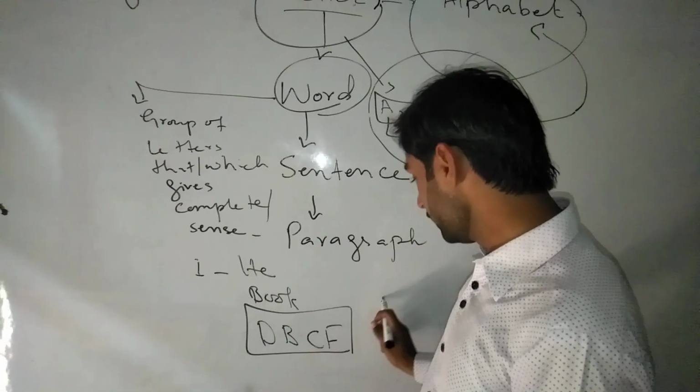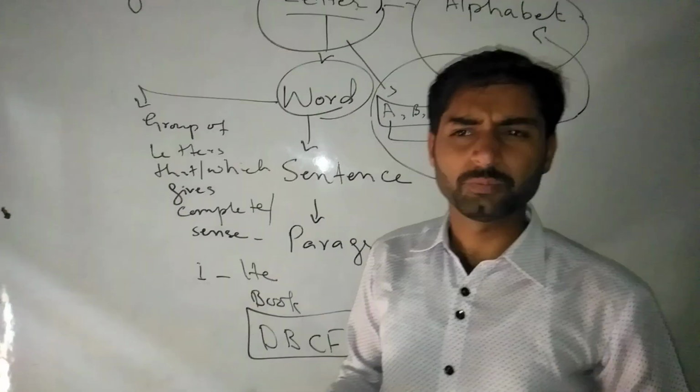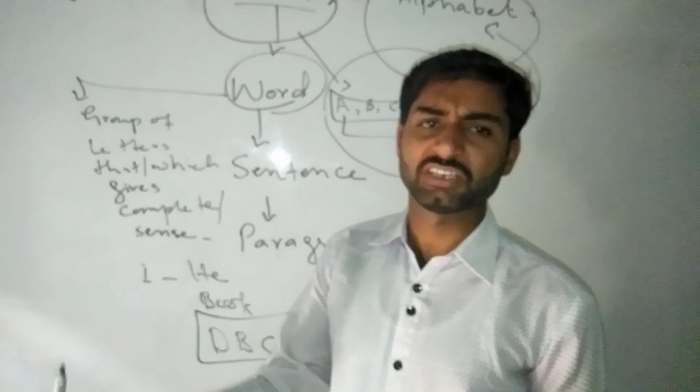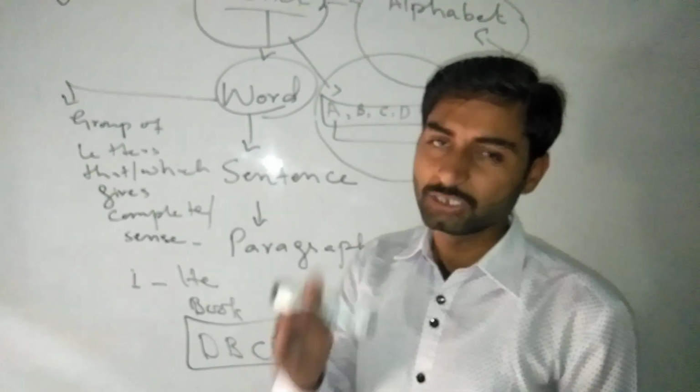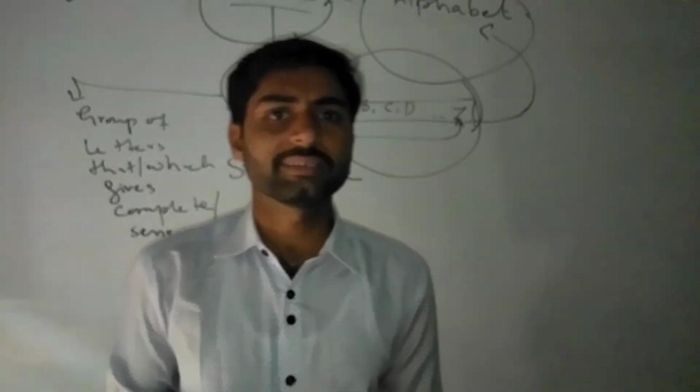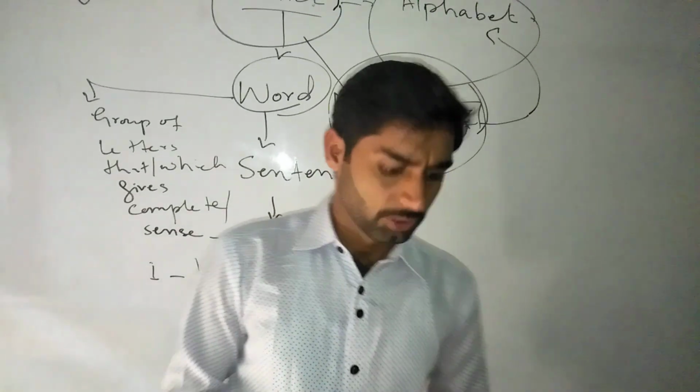That is why it would not be a word. It would be just letters. You cannot call them a word because they are not giving us a complete meaning. So a few terms are here.